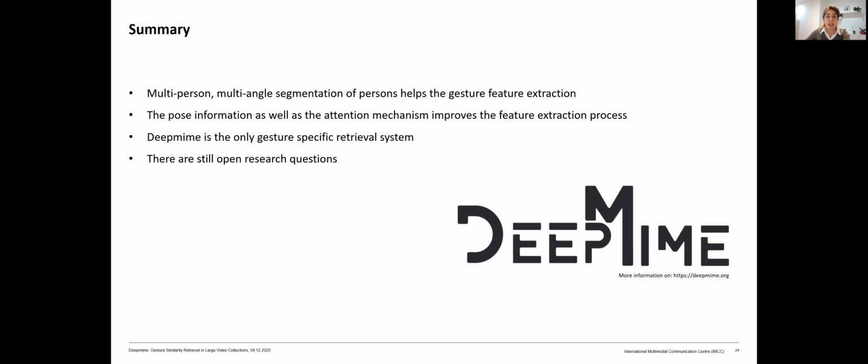This might seem a little weird because it's such an important topic, but Deepmime is the only gesture-specific retrieval system out there. There is not enough study on this topic, it needs more attention, there are a lot of open questions, and a lot of research still needs to be done.